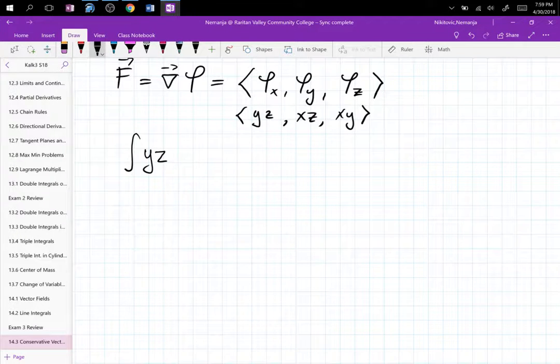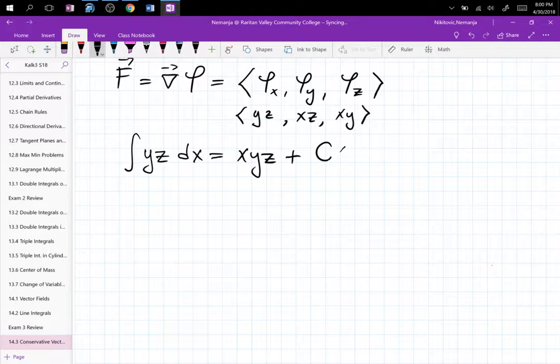Integrate y with respect to x, and get xyz, plus the constant in respect to y and z.